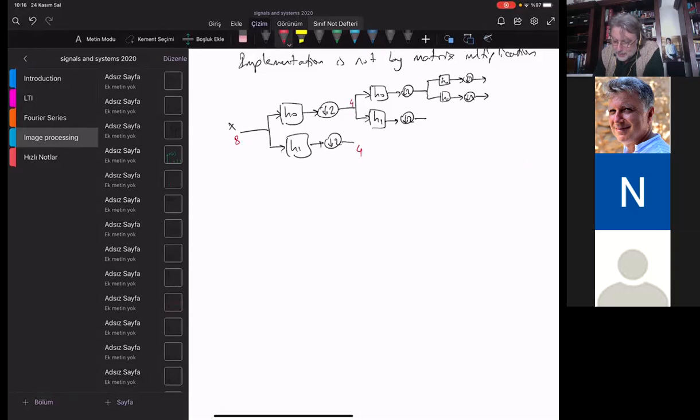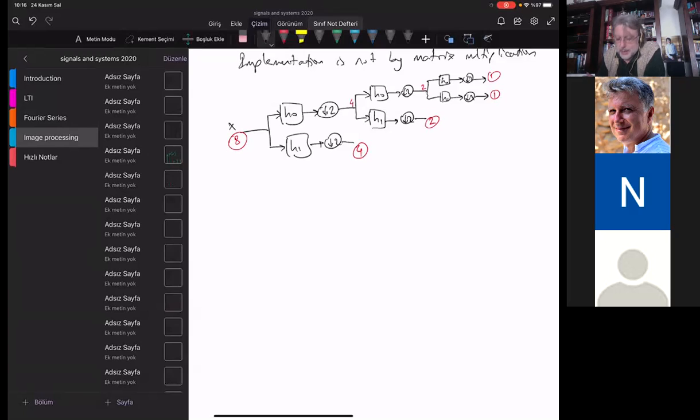Therefore, after filtering and downsampling, here this will be periodic by 2, and this will be periodic by 2. The top one, after filtering and downsampling, will obtain periodic by 1 samples, and 1 plus 1 plus 2 plus 4 is also 8. So this will be an 8 to 8 transformation.